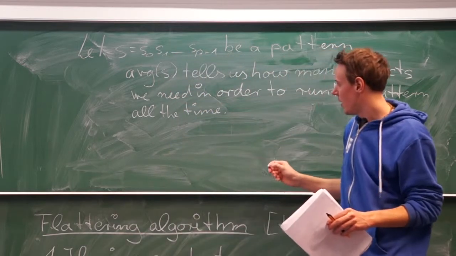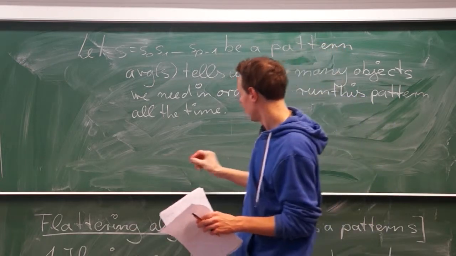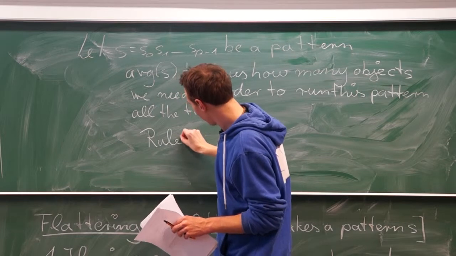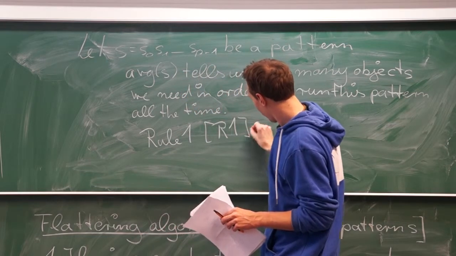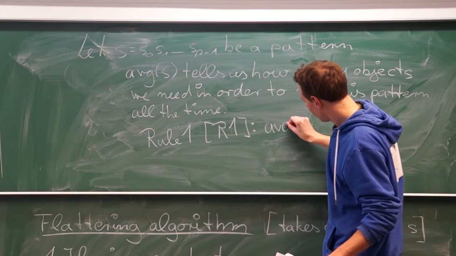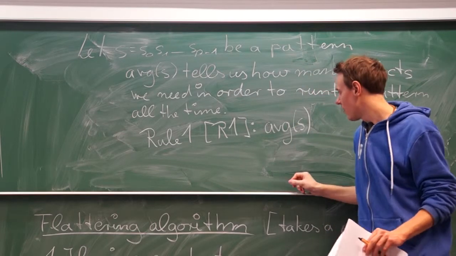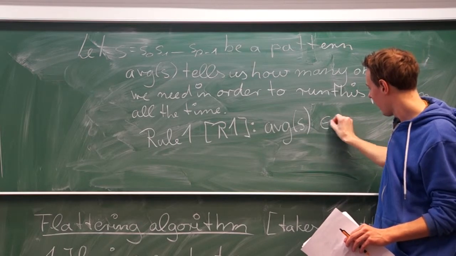Okay, and since we want a natural number, we got our first rule here, rule 1, expressed like this, and this one says by using the average, if I calculate the average of the siteswap, it should be in here.